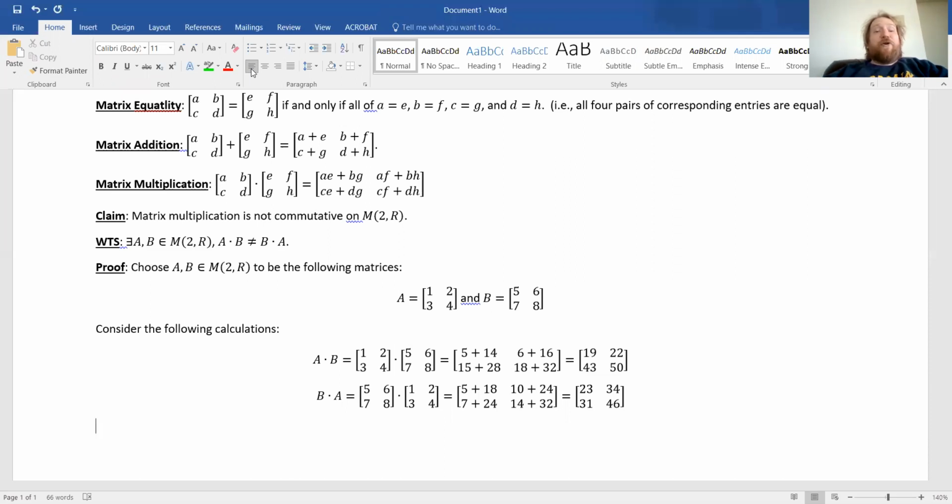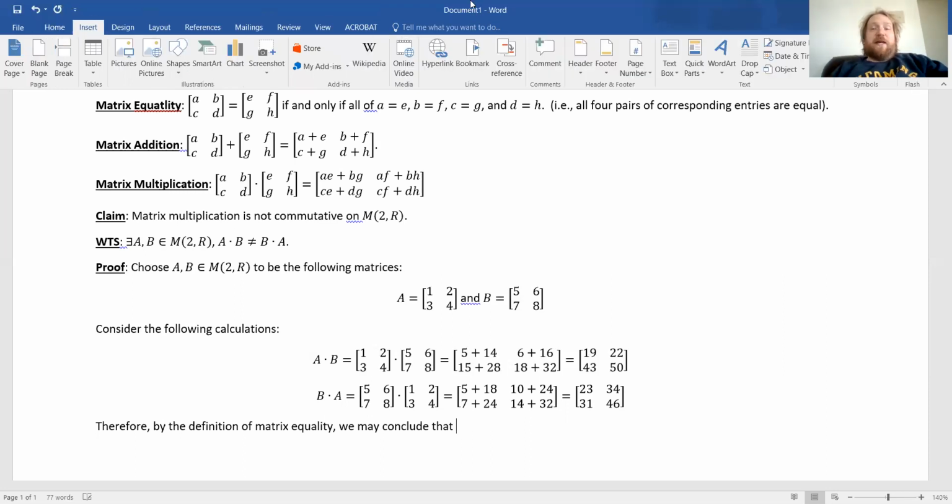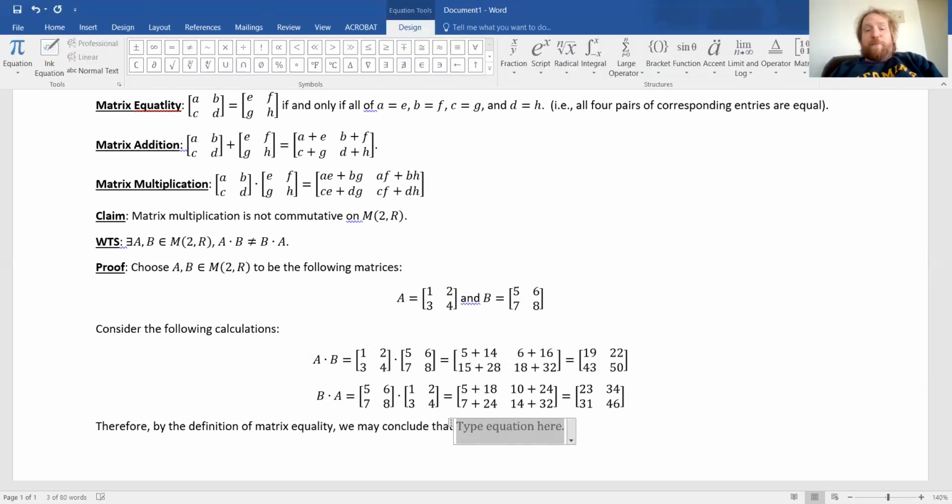Here, even stronger, all 4 pairs of corresponding entries are not equal. 19 does not equal 23, 22 does not equal 34, 43 doesn't equal 31, and 50 doesn't equal 46. So therefore, by the definition of matrix equality, we may conclude that A times B does not equal B times A.